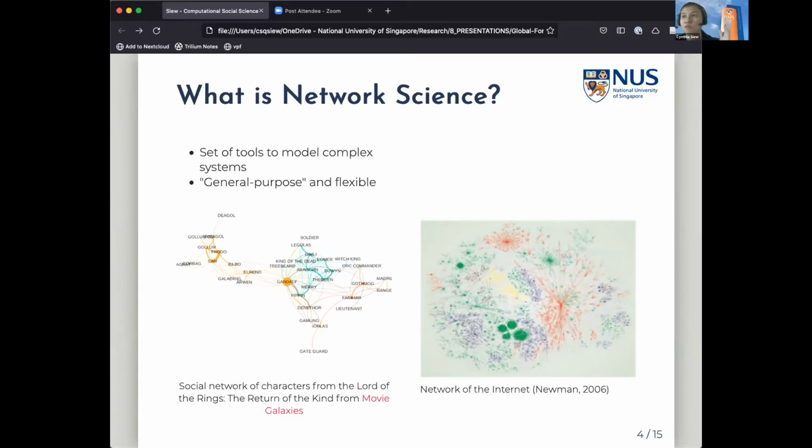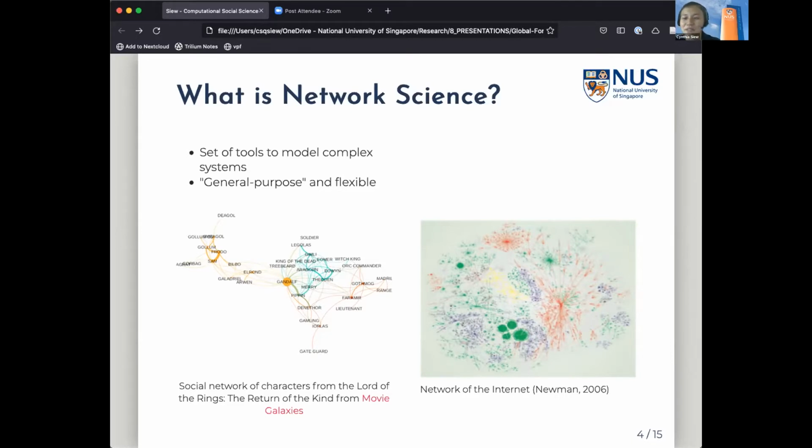So if we take the screenplay of Lord of the Rings, and every time 2 characters co-occur in the same scene, we put a connection between them. So very simple rule, but you get a very complex structure out of it. And you find that Gandalf is the central character, right? Pulling all these different threads together. I mean, Gandalf is the white wizard in the middle.